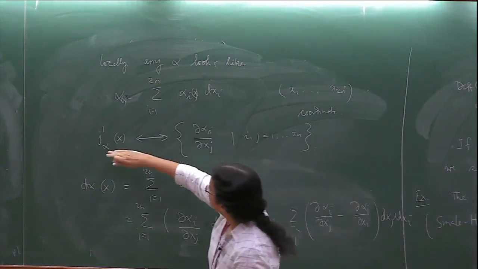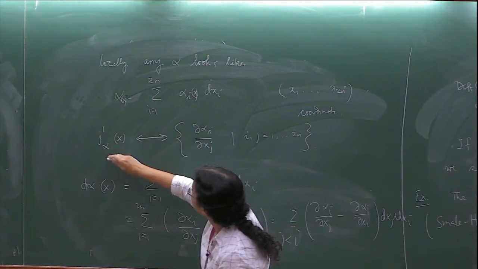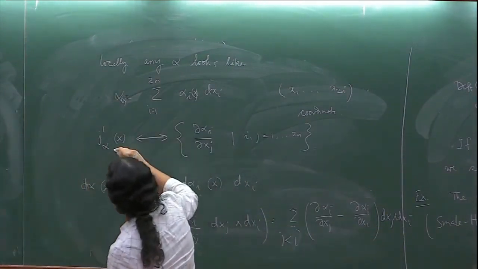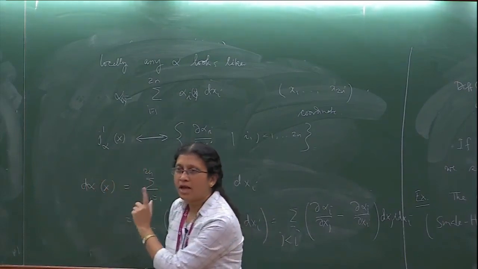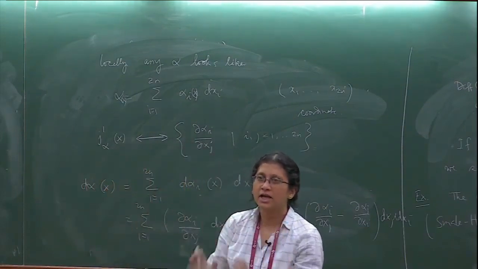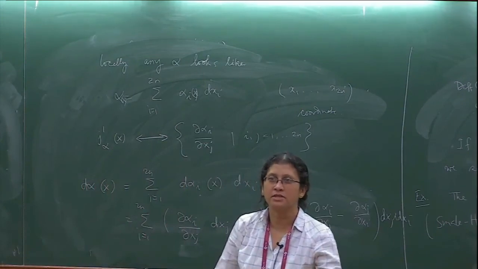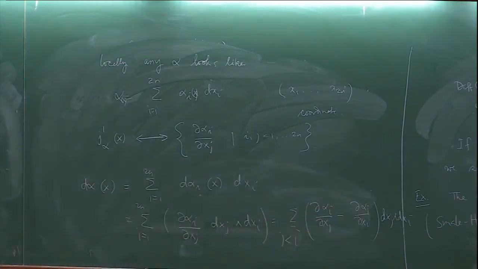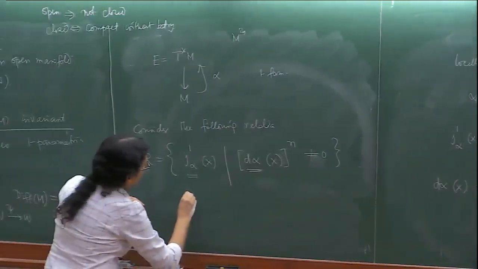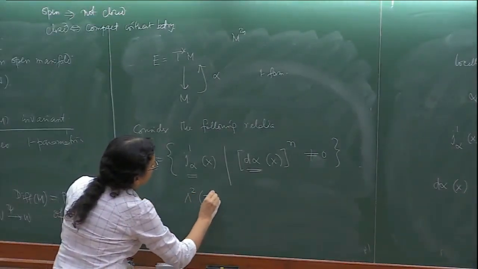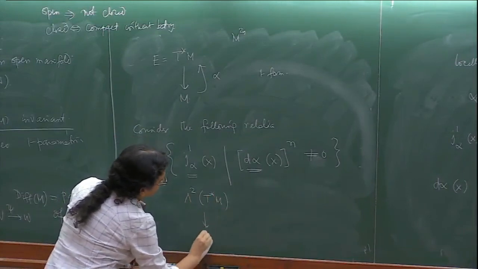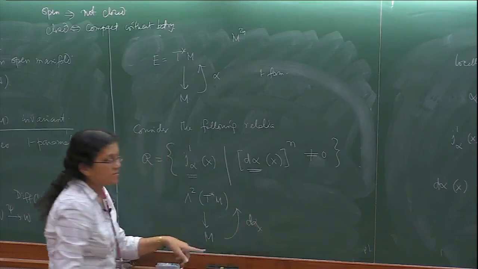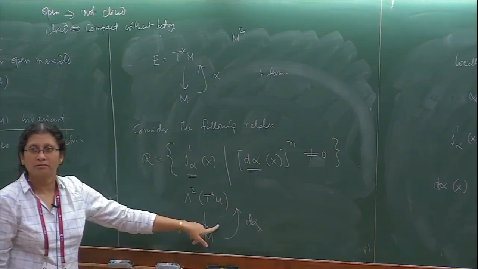If I am starting from j1 alpha, my condition is given in terms of d alpha. But if I have to apply the H principle, I have to realize the condition on the jet space. Where does this sit? Let us see first. d alpha at x is a section of this, right? Of this. It is not the jet bundle.